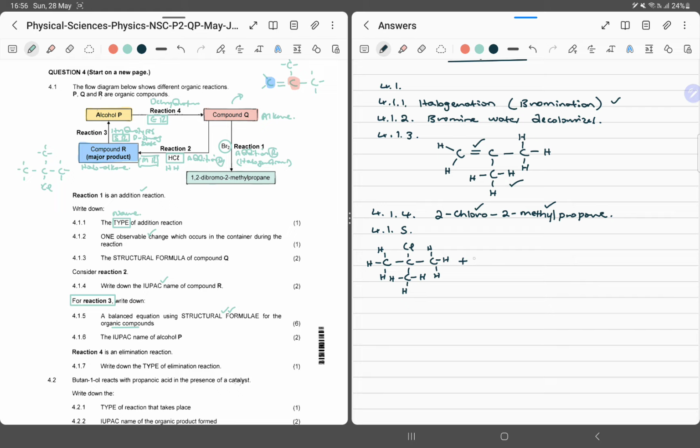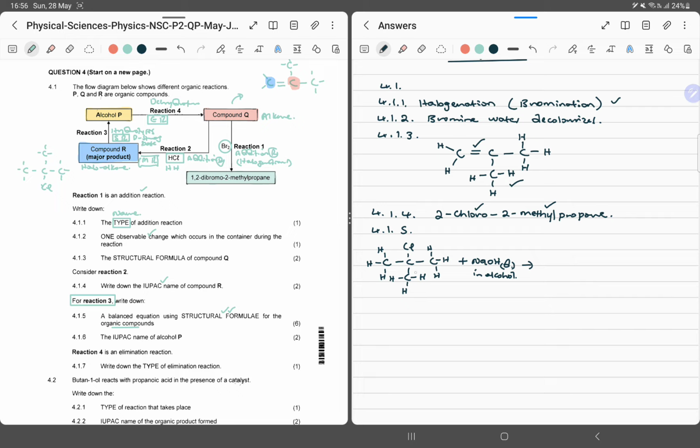Remember, we're going to treat it with a strong base, sodium hydroxide, but this one must be dilute, in alcohol. Usually we use ethanol. We treat ethanol with this, and then we put in our haloalkane. And then we're going to end up with our alcohol.